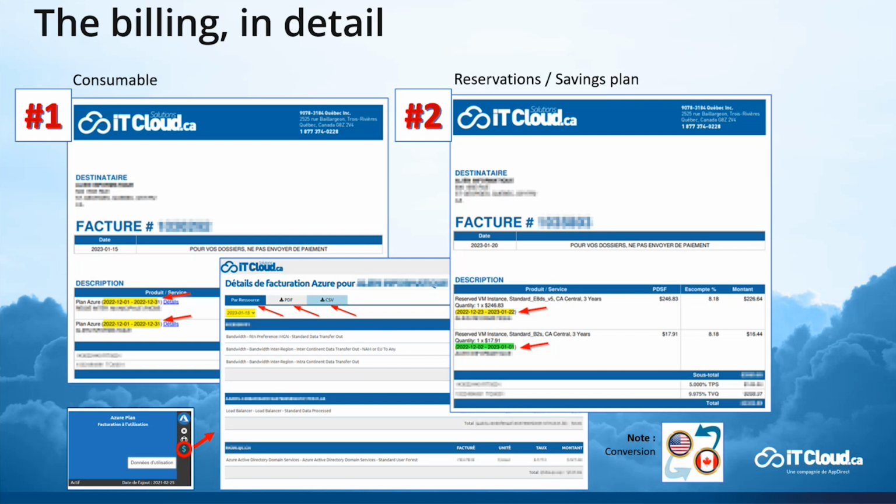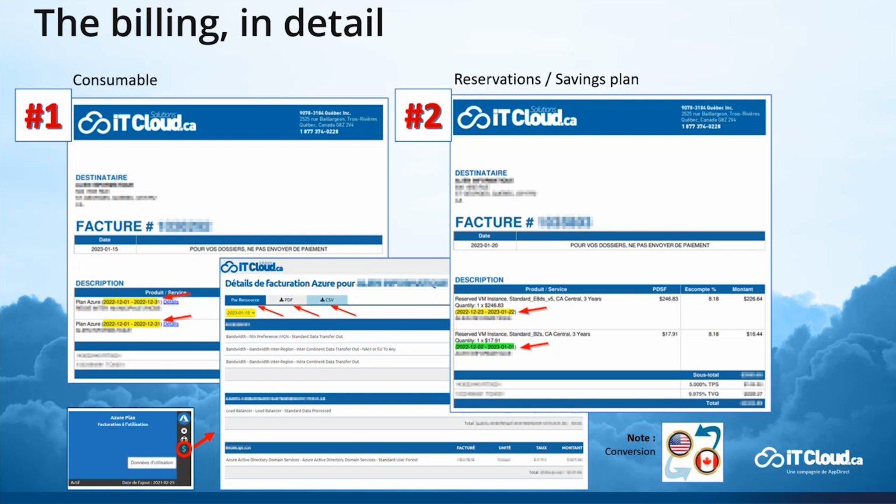You don't need to pay yearly upfront. You can continue monthly upfront, but there are two bills. So don't forget, if you are in indirect mode and invoicing, to forward those two bills to your customer, because you need to add them together to have the full price of what you're looking for.